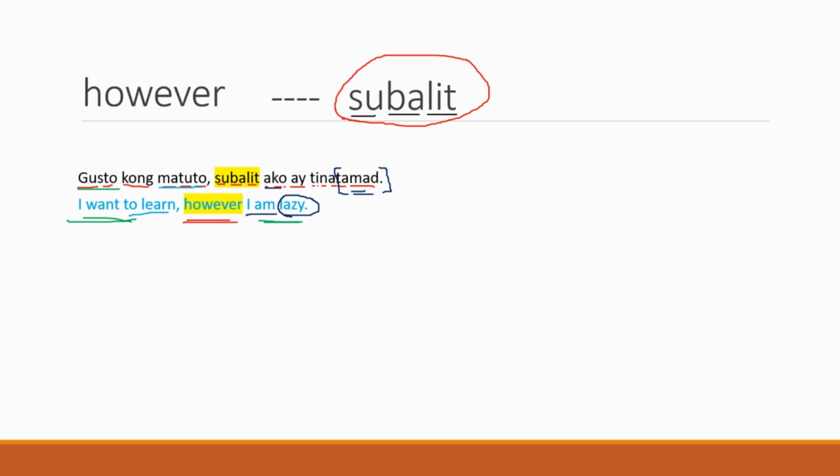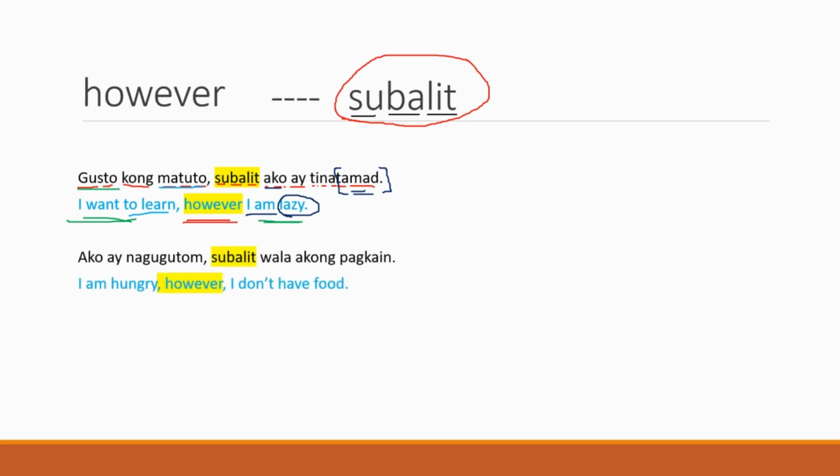Next, we have another example, and this is ako ay nagugutom, subalit wala akong pagkain. I am hungry, however, I don't have food. Ako is I am. Hungry is nagugutom. The root word of nagugutom is gutom. And that's hungry already. The same thing with tinatamad.